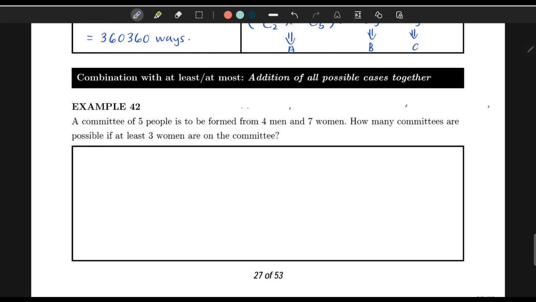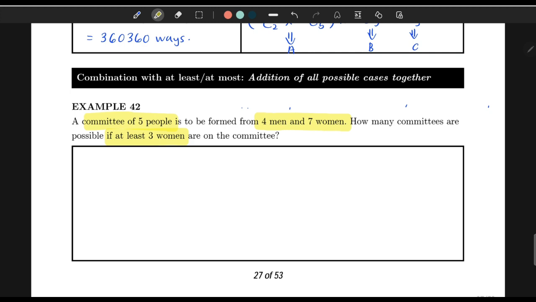A committee of 5 people is to be formed. So we have to choose 5 people from 4 men and 7 women. How many committees are possible if at least 3 women are on the committee?